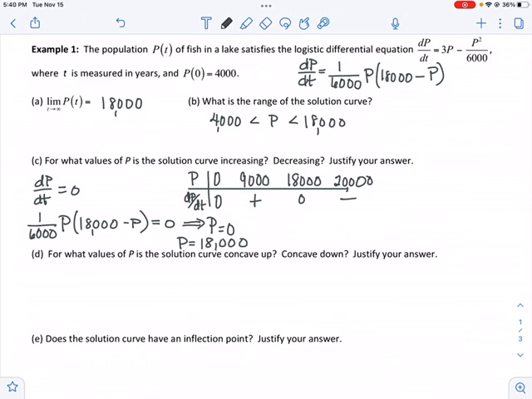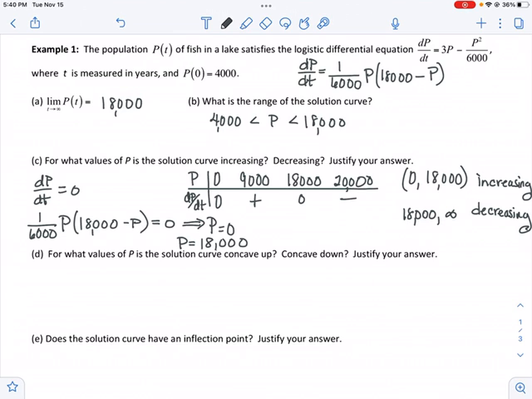Now, it's kind of interesting to see what will happen if we do have a real situation like this, that it would go from 0 to 18,000, and that would be increasing. And then from 18,000 to infinity, it would be decreasing if, in fact, the values did go above that.